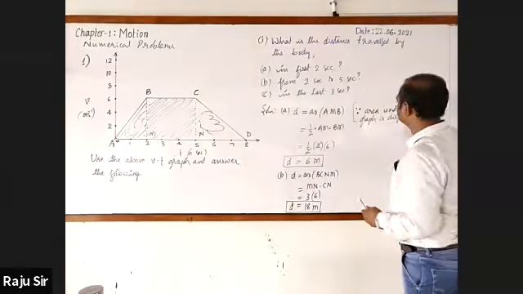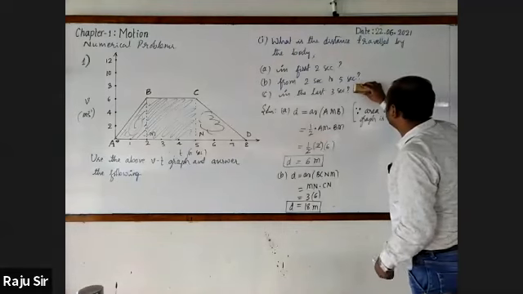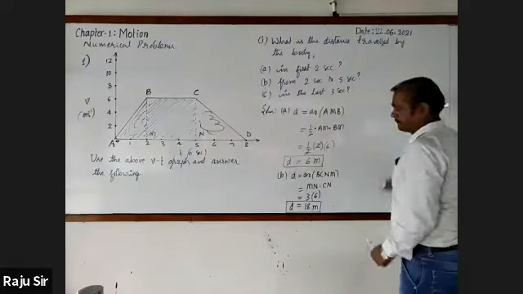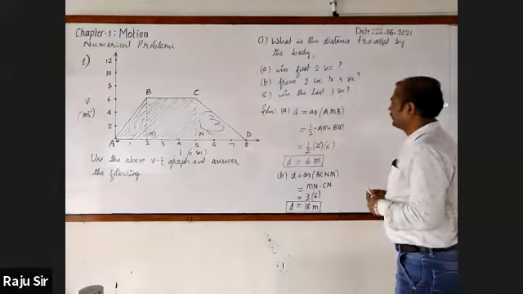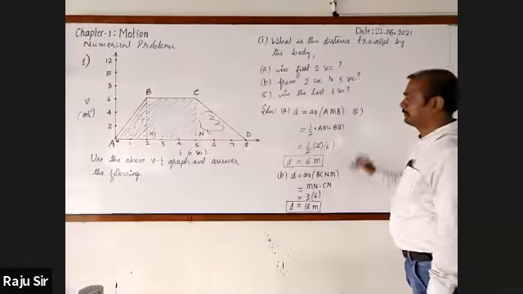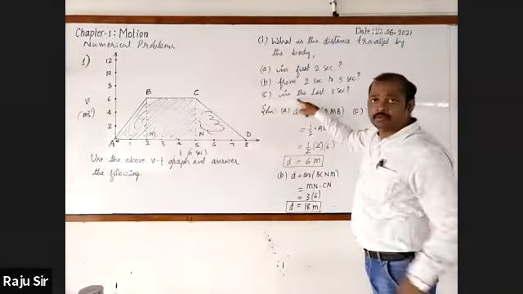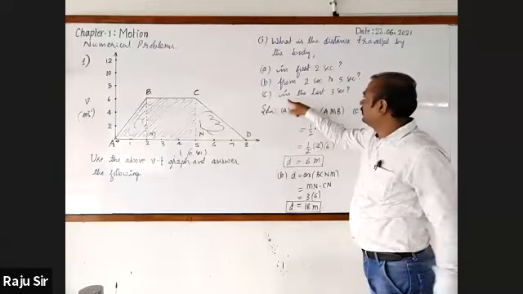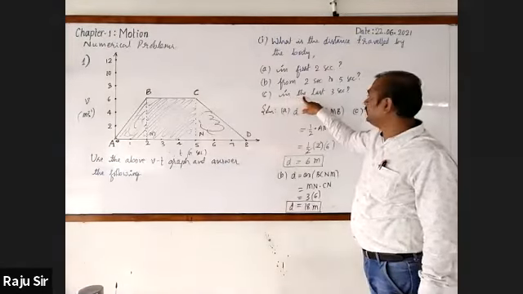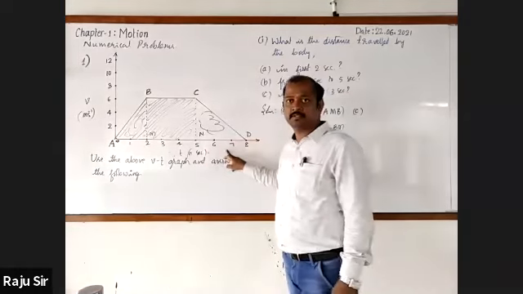Next, C1. The question of C is, what is the distance covered by the body in the last 3 seconds?